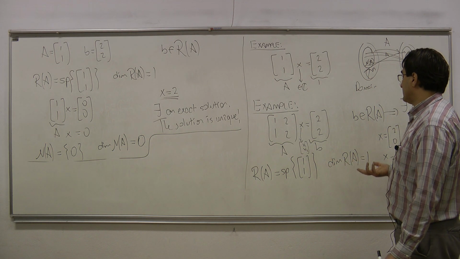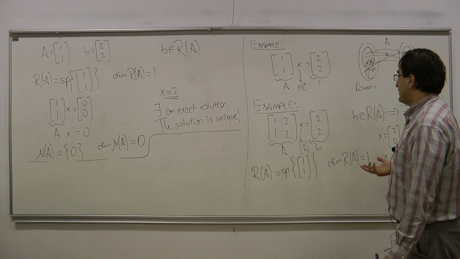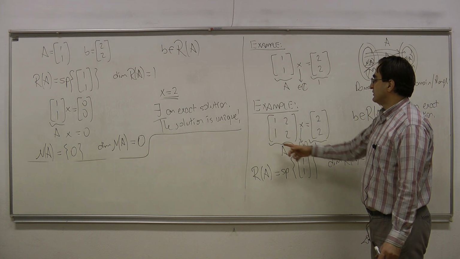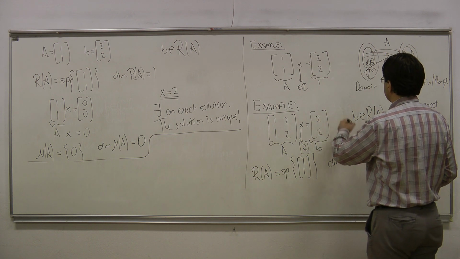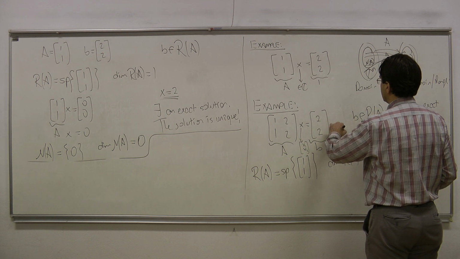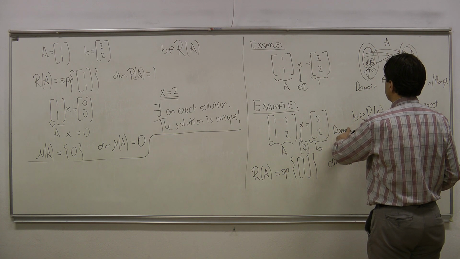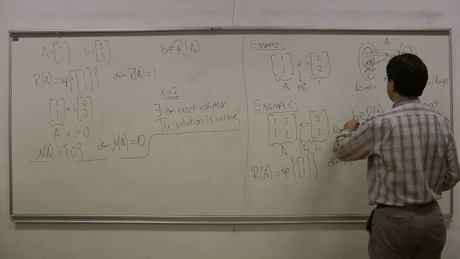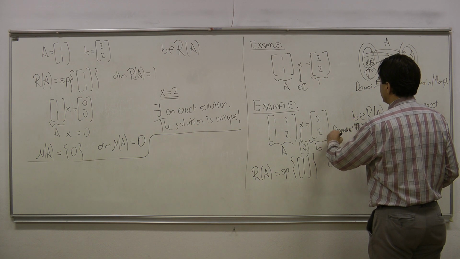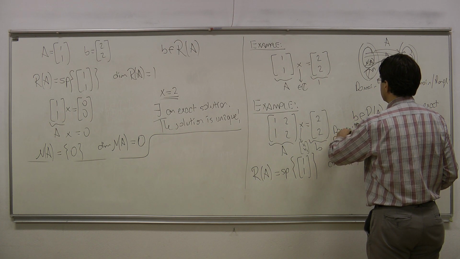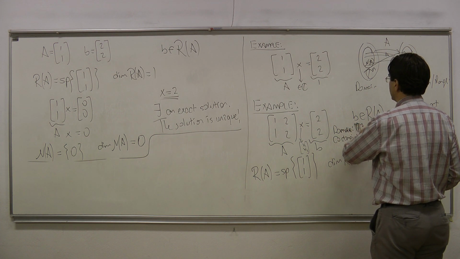We need to apply here the rank nullity theorem. What is the dimension of the domain of this matrix? Domain is R2, or let me say C2, and codomain is again C2.